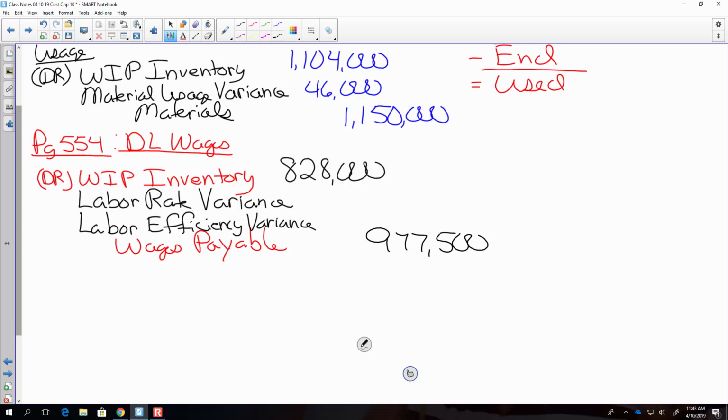I forgot their amounts. Michelle, what were they? 39,100 for the rates and 110,400 for the efficiency. And again, hopefully the debits have to equal the credits, right? So if we add up all three, we should get up to that 977.5. So that's the entry that we need to record labor.